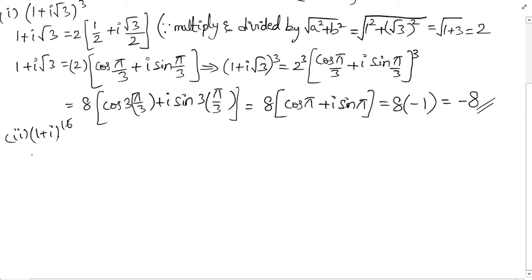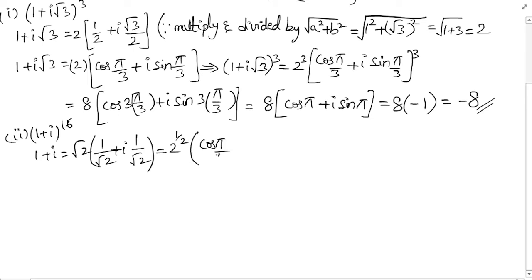Then we'll go to the second bit, that is (1 plus i) power 16. So 1 plus i is equal to root 2 of (1 by root 2 plus i 1 by root 2), which is equal to 2 power 1 by 2, and this can be written as (cos pi by 4 plus i sin pi by 4).